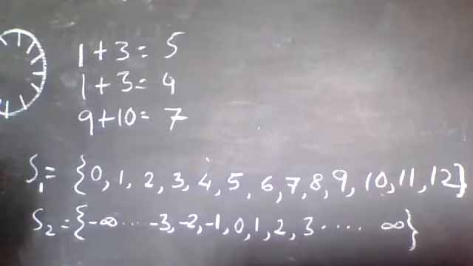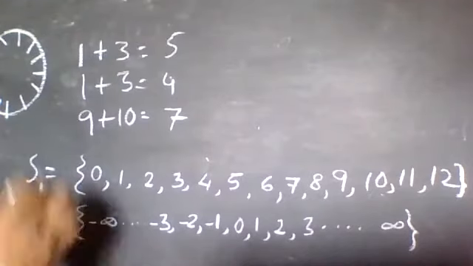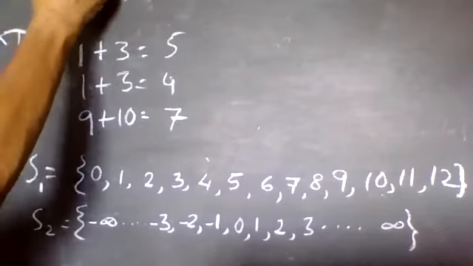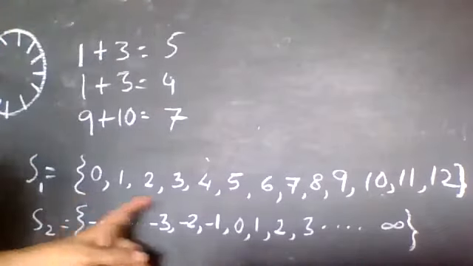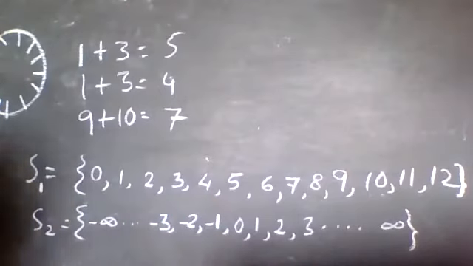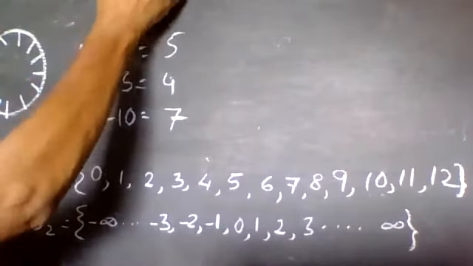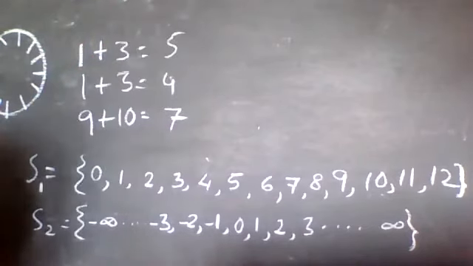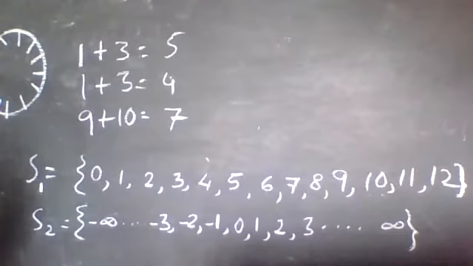Now, if I consider this modulo addition in my mind, then our rule is if A and B are any two elements of these sets, then A plus B equals C will also be a member of the set.